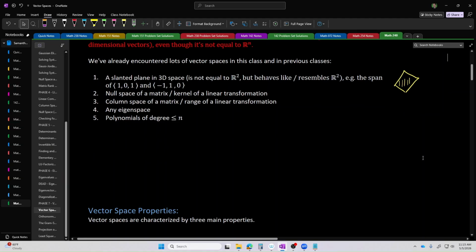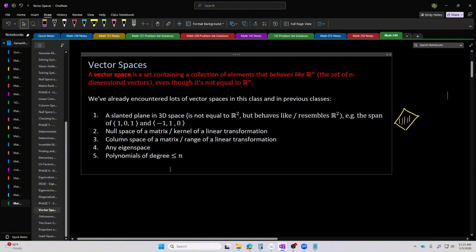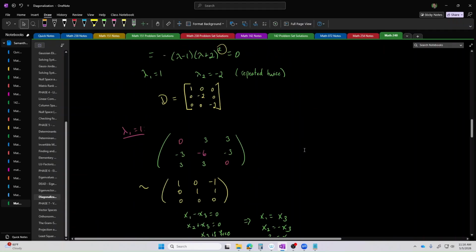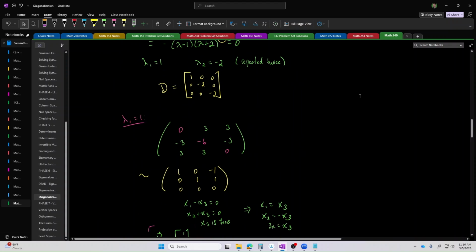Another example of a vector space that we've worked with up to this point: anytime you calculate the eigenspace associated with an eigenvalue, every eigenspace is an example of a vector space. For example, in our diagonalization video, we found an eigenspace corresponding to an eigenvalue of lambda equals 1.